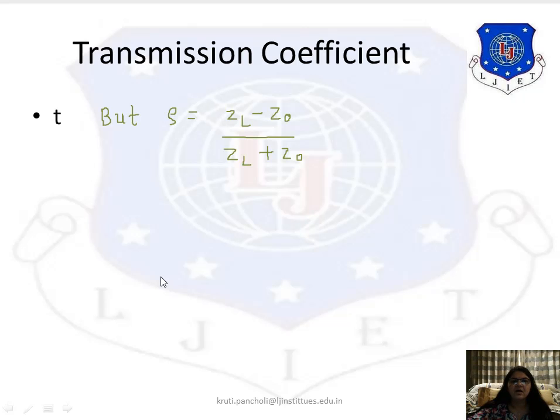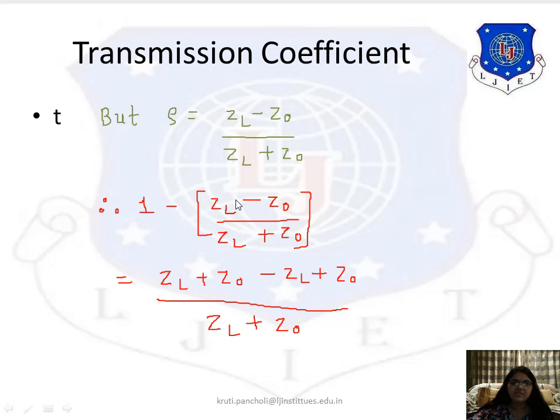The reflection coefficient rho is equal to ZL minus Z0 upon ZL plus Z0. So the transmission coefficient is 1 minus ZL minus Z0 upon ZL plus Z0. So it is ZL plus Z0 minus ZL plus Z0 upon ZL plus Z0. ZL is cancelled, and it is 2Z0 upon ZL plus Z0.